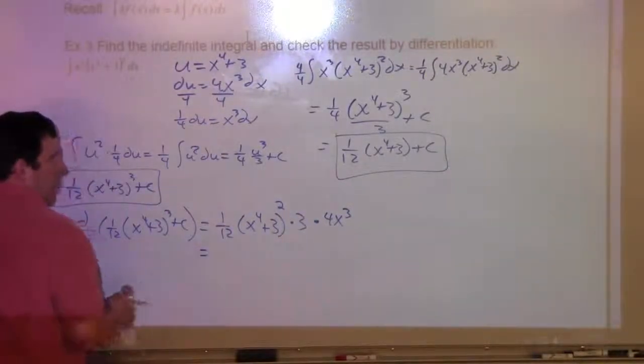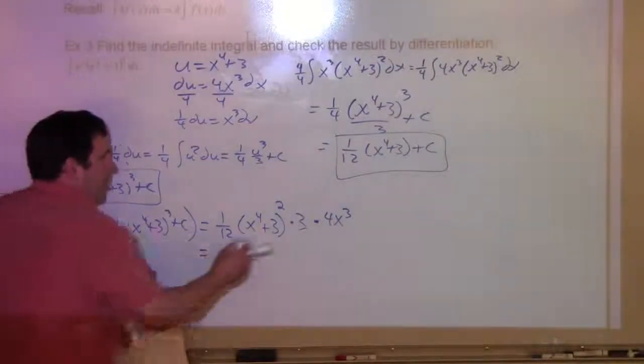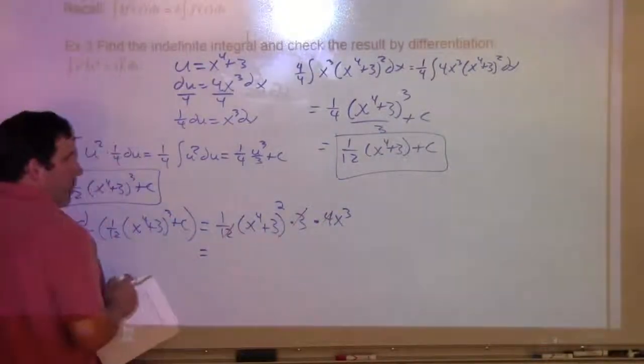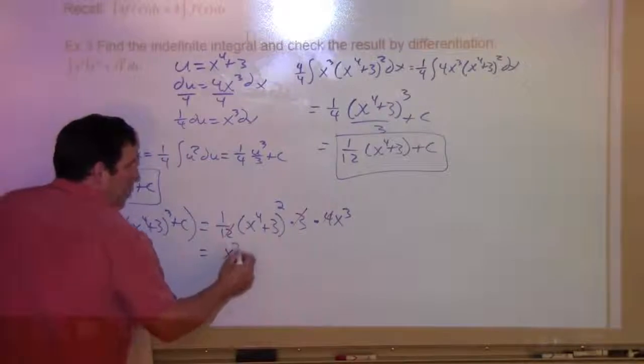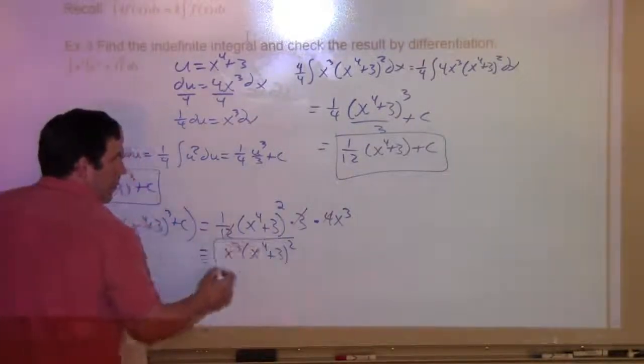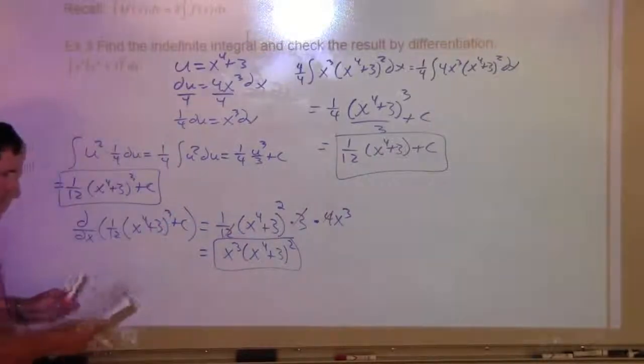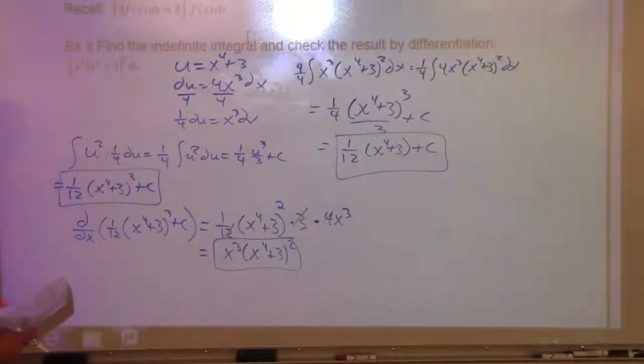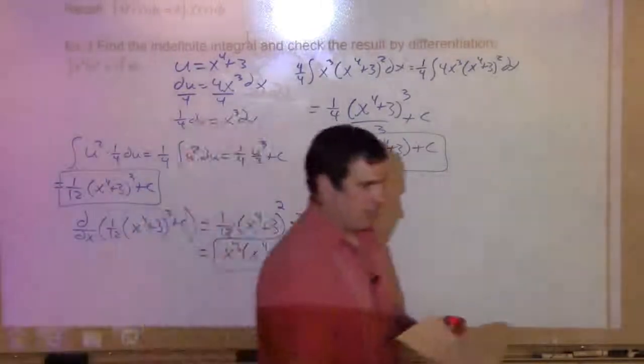And we'll end up with, well, the 3 and the 4 divide out with that 12. We have x cubed times (x to the 4th plus 3) squared. And that does it for example 3.